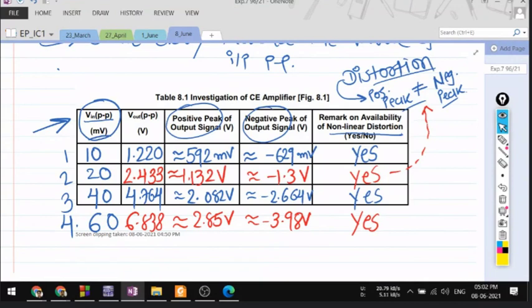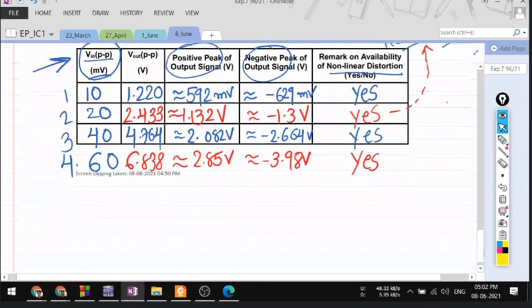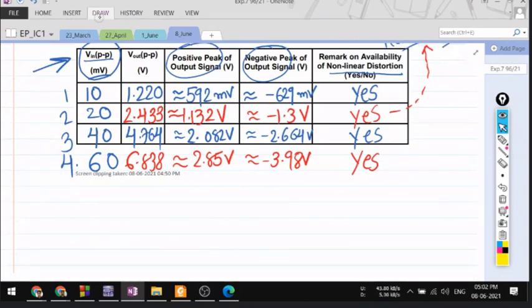And you can see that, student, as peak to peak increases, non-linear distortion increases, right? Now what you can write here?